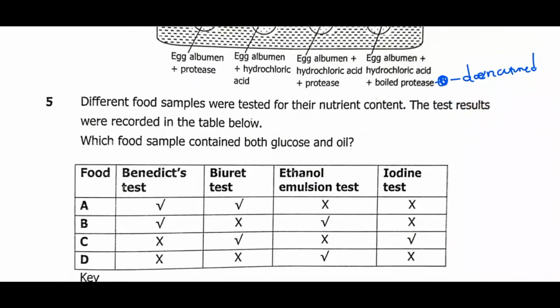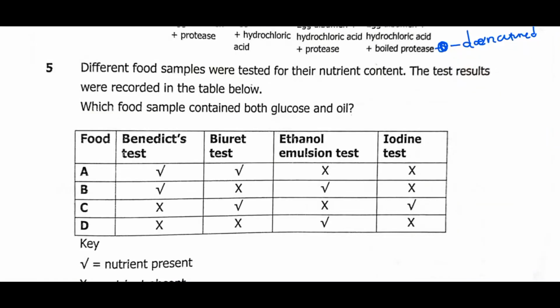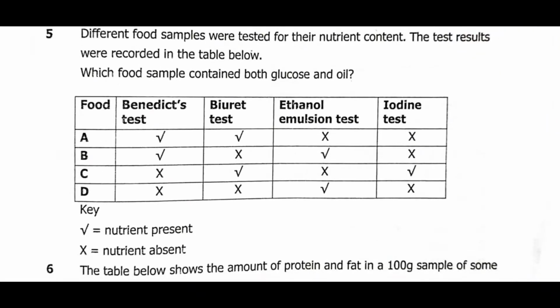We can now move on to question 5. Different food samples were tested for their nutrition content. The test results were recorded in the table below. Which food sample contains both glucose and oil? If you look at the multiple choice, we know that here there is a mark.